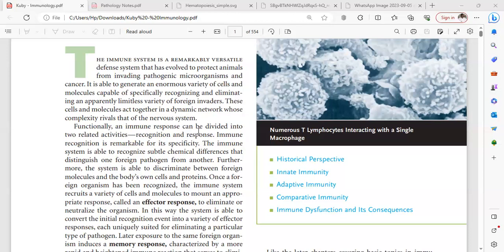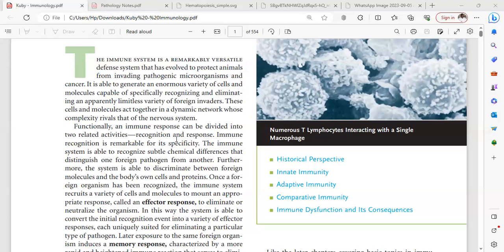The recognition part is whereby our immune system is able to recognize a specific foreign molecule that is able to evoke an immune response. So the recognition part entails specificity, which basically means that our immune system is able to differentiate between our own cells and the foreign molecules that are introduced in our system.